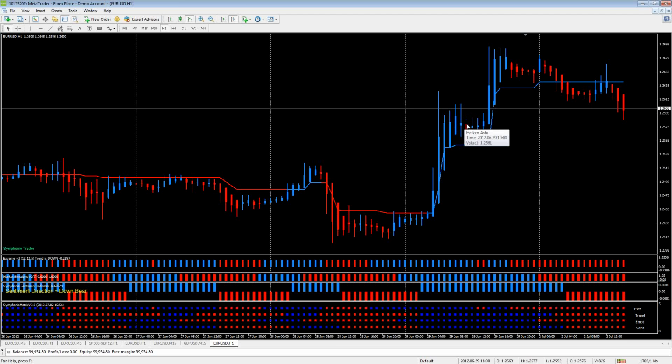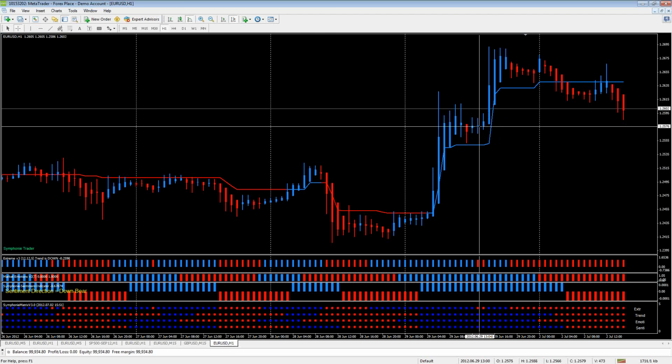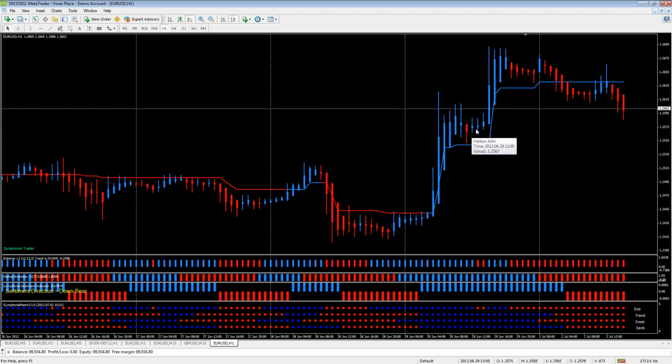So here I would probably close, and somewhere around here maybe reopen again after getting a bigger body here, and the trend is starting to move up again with this trend line.